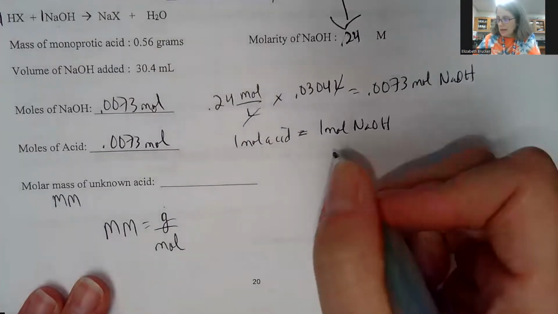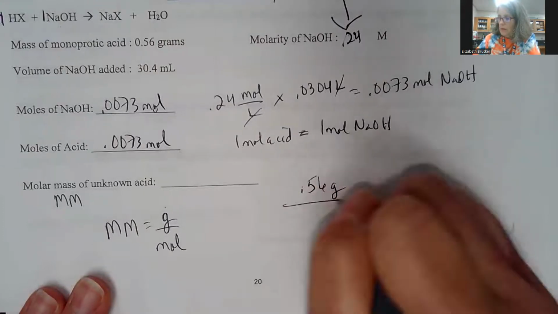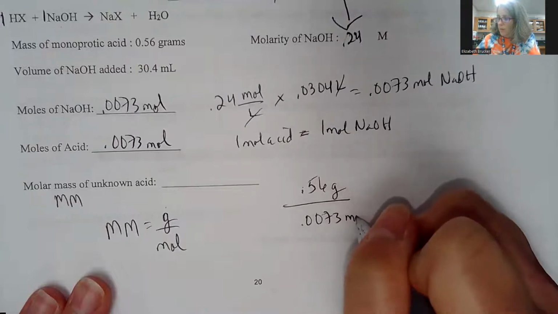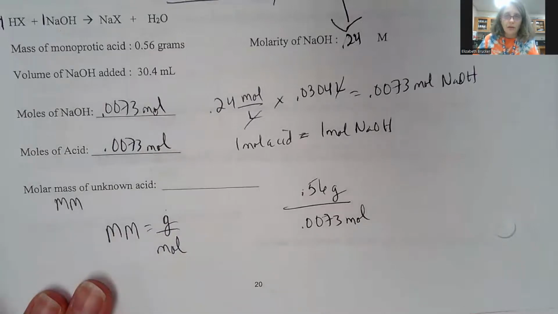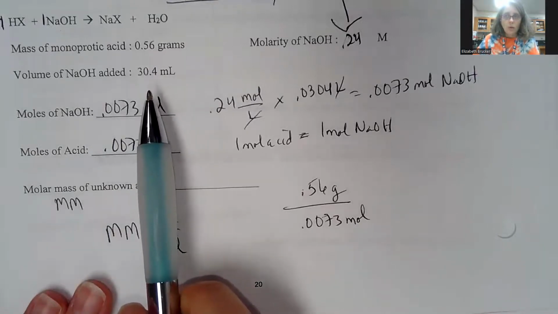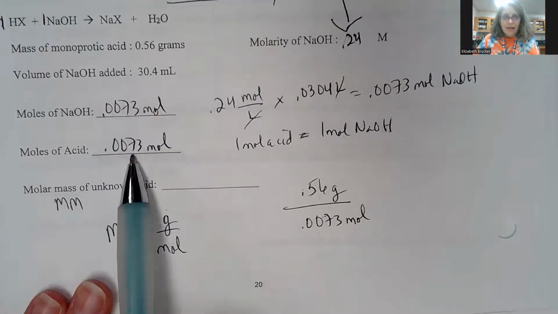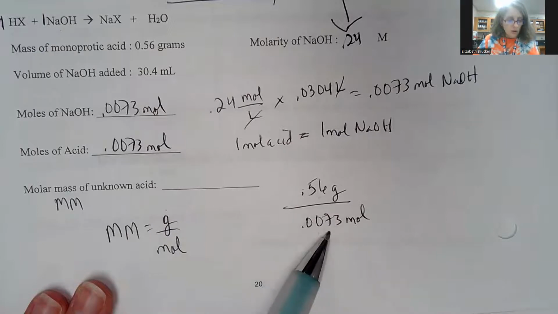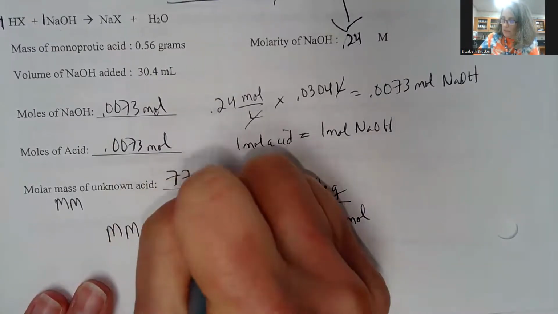So we're going to take the grams, I put 0.56 grams, and divide it by the moles, 0.0073 moles. How many grams did you put into the flask and dilute down with water? And how many moles of the base did you add in order to neutralize it, since we know it's 1 to 1? If you divide those two, you get the answer 77 grams per mole.